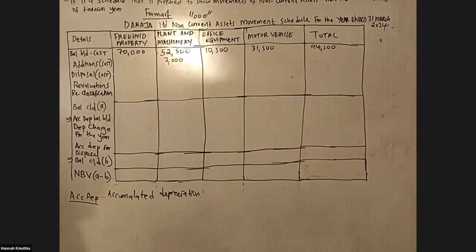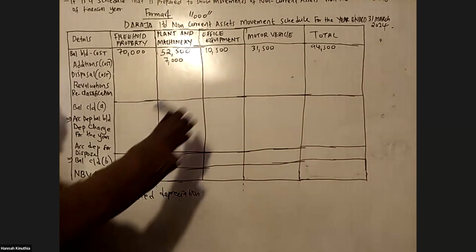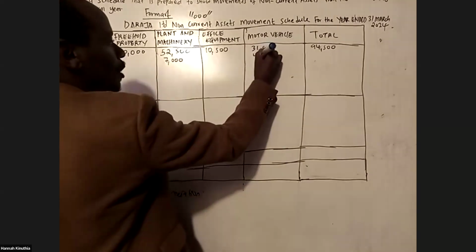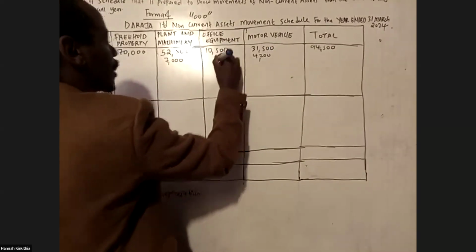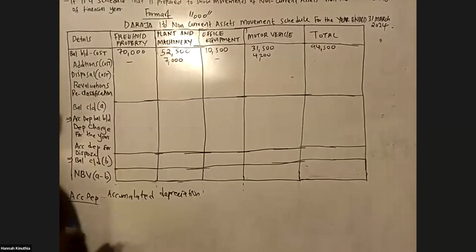We also have another addition that was motor vehicle, 4,200. Those are the items that were acquired during the year. The rest we don't have. Find the total. What will be the total figure? Changamke haraka. 7 plus 4.2.